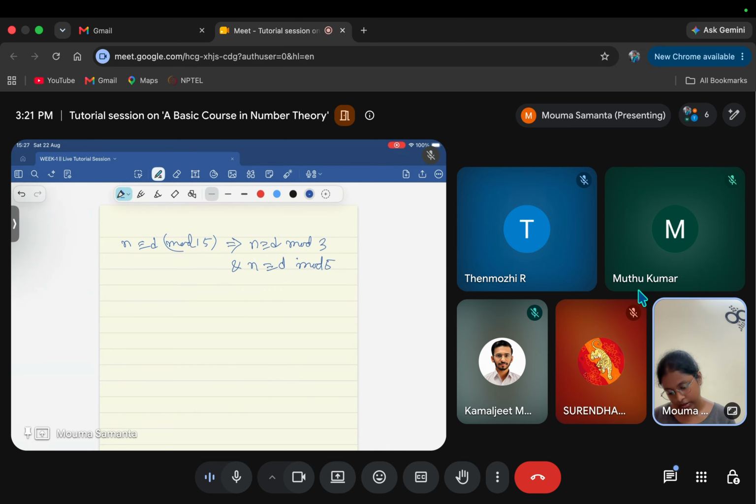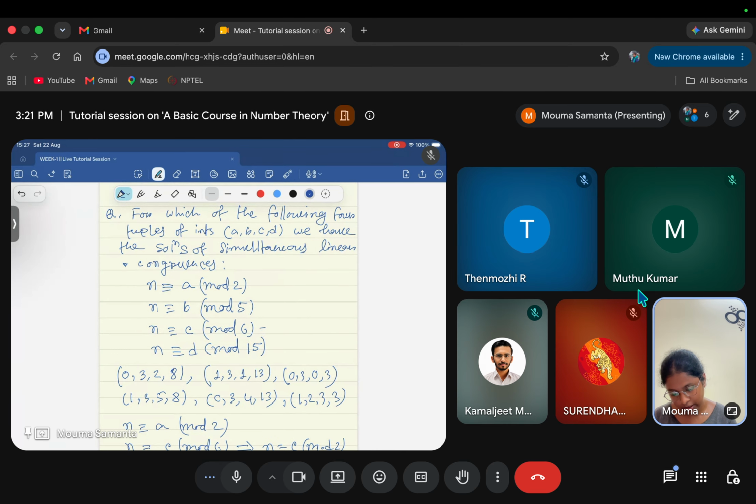So now you can see from here you can conclude n is congruent to c mod 3 and mod 2, and from here n is congruent to d mod 3 or mod 5, and from these two we can say b is congruent to d mod 5.